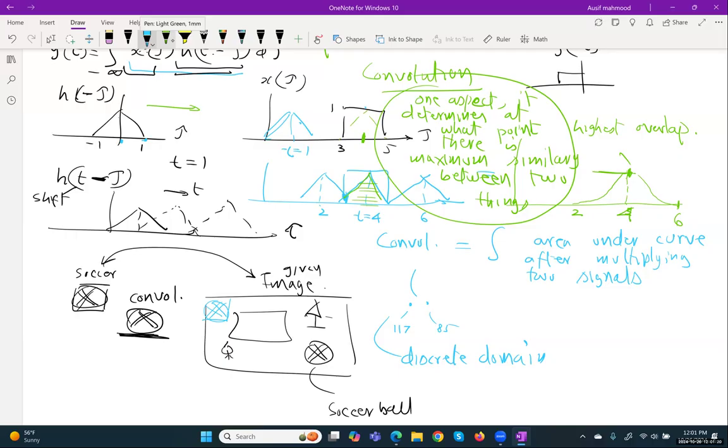In the discrete domain, the convolution becomes multiplication and summation: multiplication of two inputs, and the integral gets changed to adding them up. To give you an example.